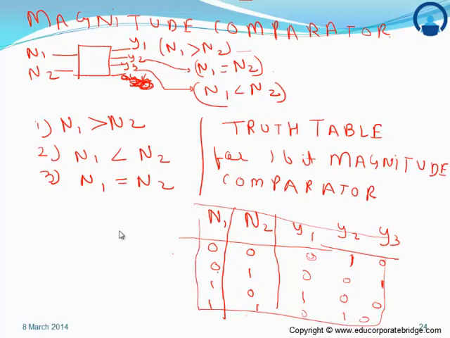Similarly, we can have a 2-bit magnitude comparator as well. The previous one we studied was a 1-bit magnitude comparator. This is a 2-bit comparator.